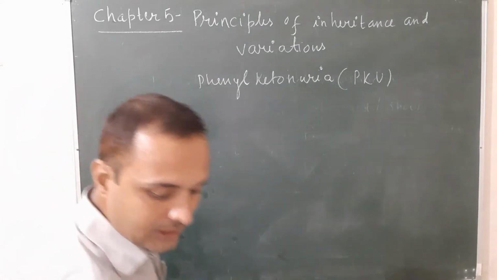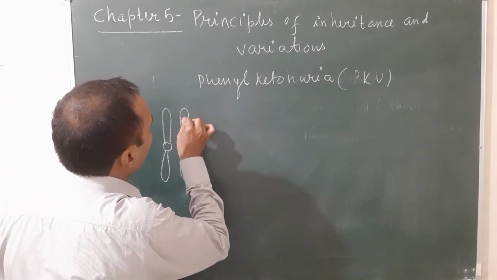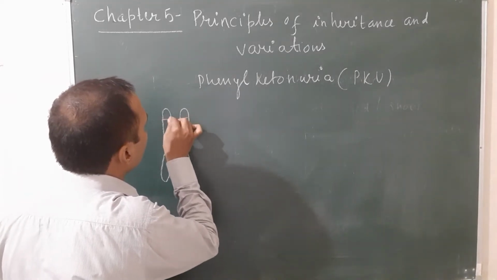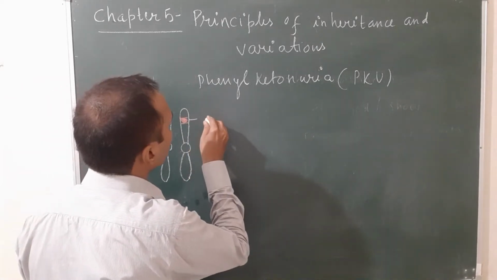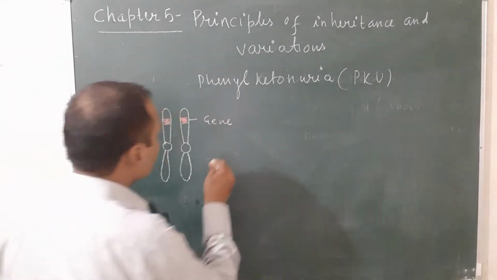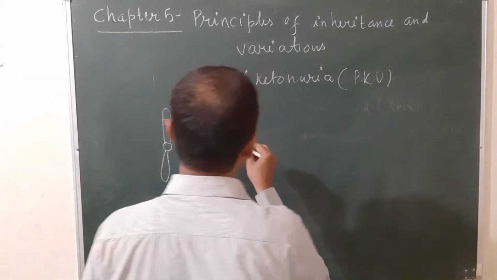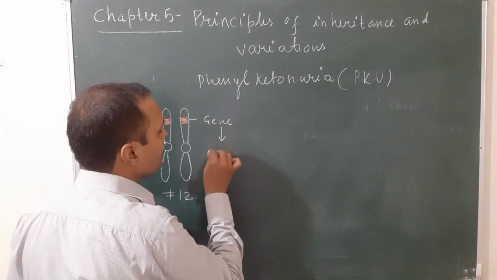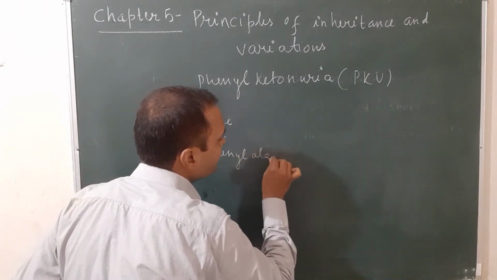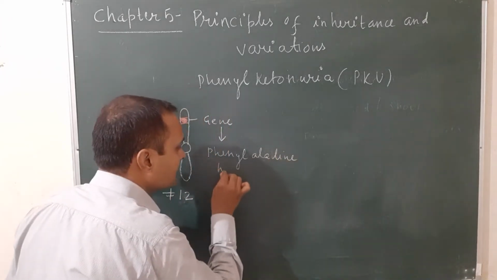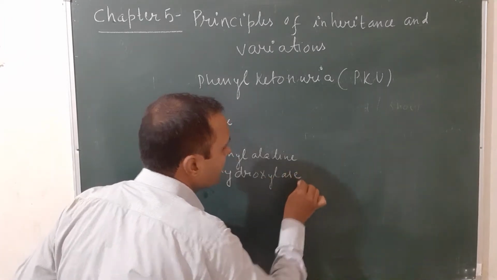The gene responsible for conversion of phenylalanine into tyrosine is present on chromosome number 12. This is the gene and this is the pair of chromosome number 12. This gene synthesizes an enzyme known as phenylalanine hydroxylase by the process of protein synthesis.